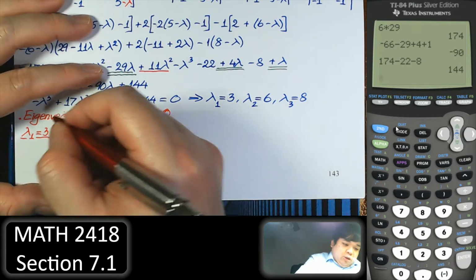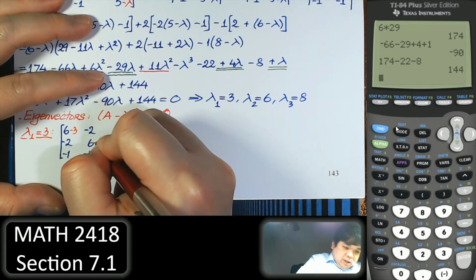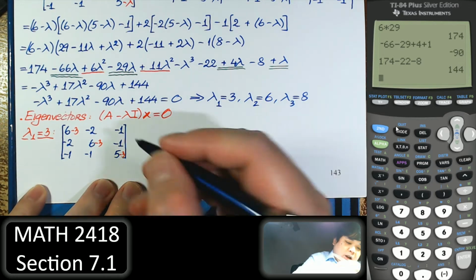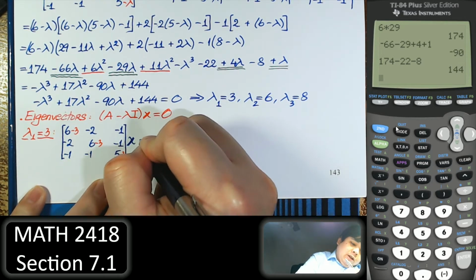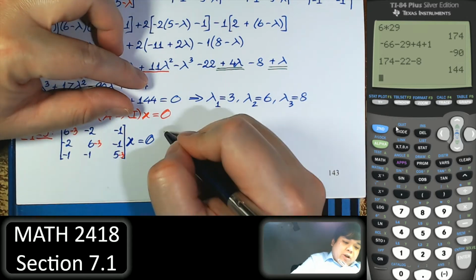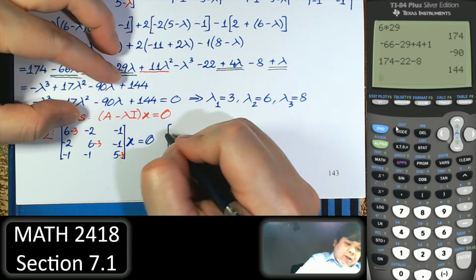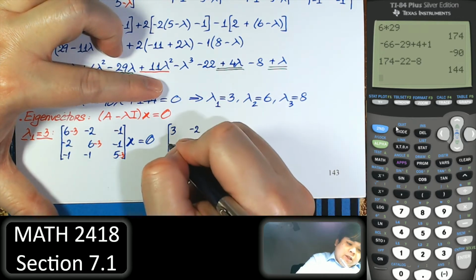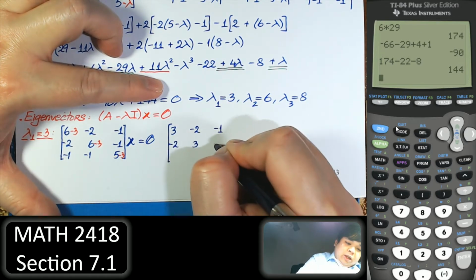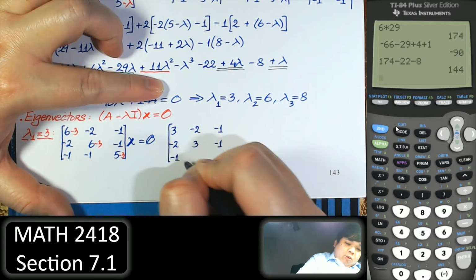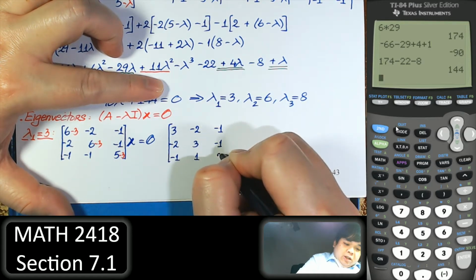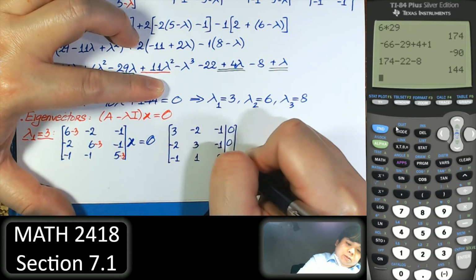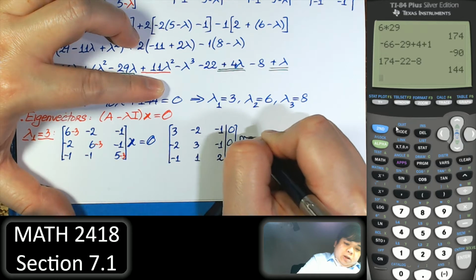Of course, we have to subtract 3, the eigenvalue, on the diagonal, and multiply by x equal to 0. That is equivalent to the matrix of 3, negative 2, negative 1, negative 2, 3, negative 1, negative 1, 1, and 2. And do reduce to echelon form.